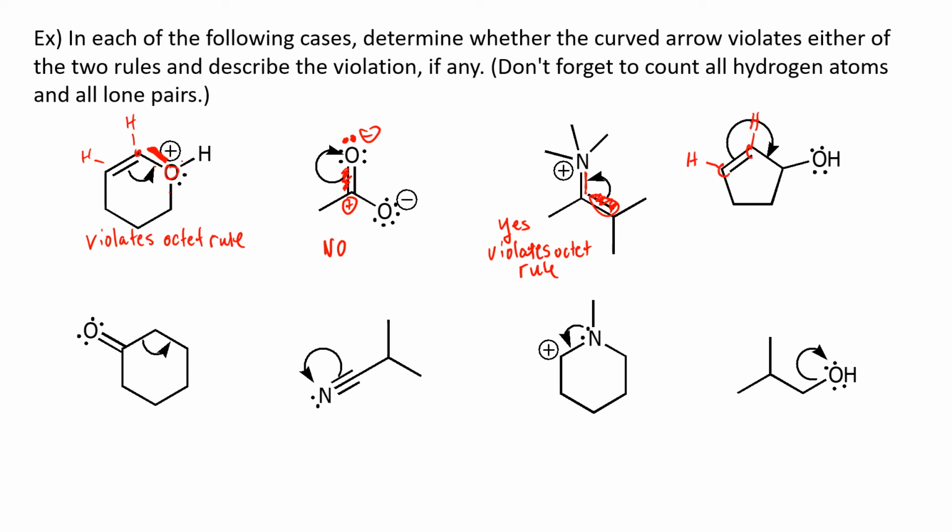So you see carbon, carbon, there's one hydrogen here, there's that carbon. If you get rid of this double bond and put it right here, now look, we've got 1, 2, 3, 4, 5 bonds to carbon. So yes, this is a violation. We're exceeding the octet rule.